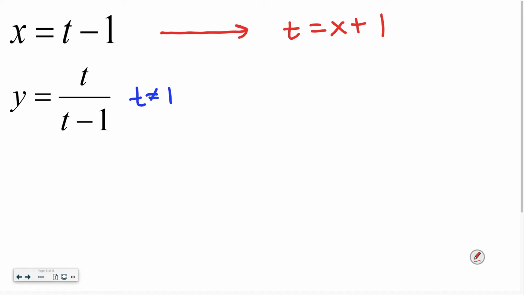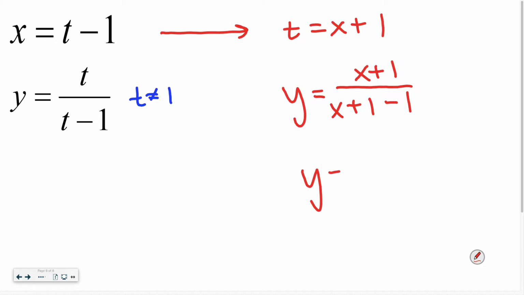So then y would equal t over t minus 1. Well, let's go ahead and simplify this here. Our denominator would really just be x.